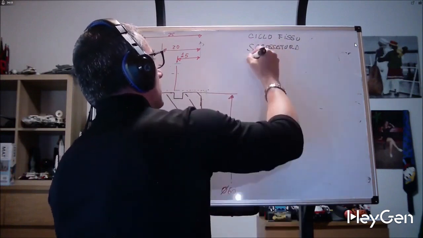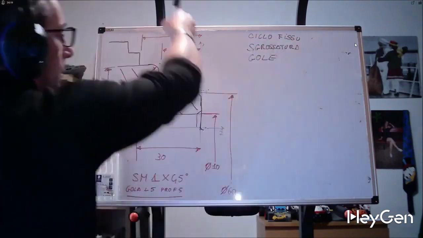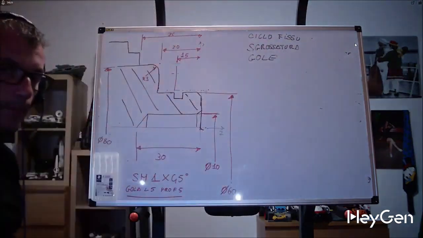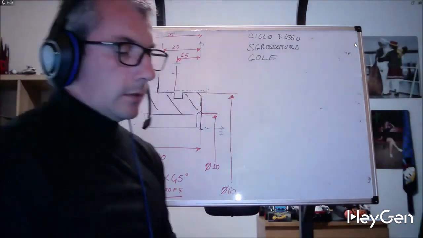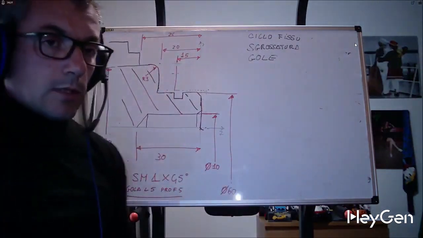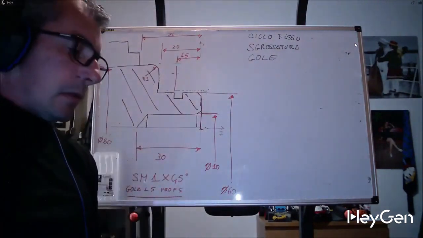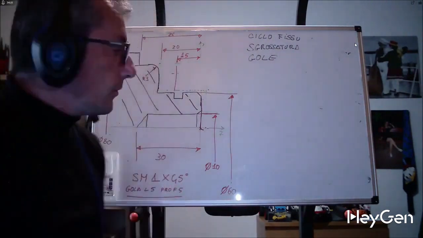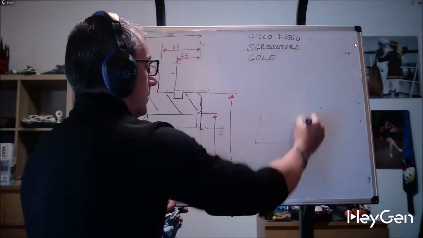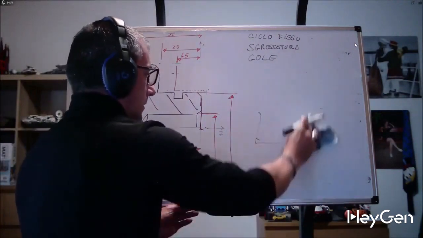Then there is the fixed groove cycle, the fixed cycle for front or radial grooves. The fixed cycle for grooves is especially useful when the grooves are large, because you will see, unlike conversational programming, the fixed cycle does it this way. It does not allow you to add chamfers, arches and grooves.